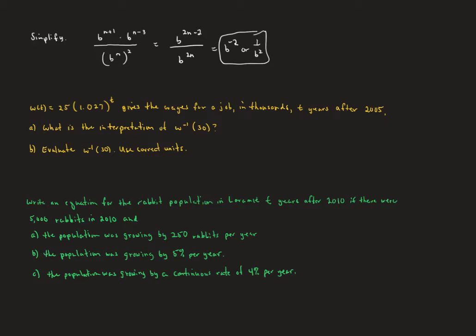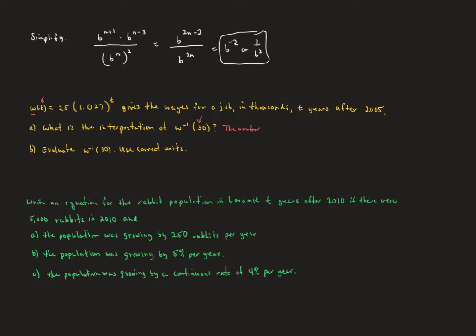The original function W of t inputs a time in years and outputs wages given in thousands. So what the inverse is going to input is our wages in thousands, and it will output a time in years.